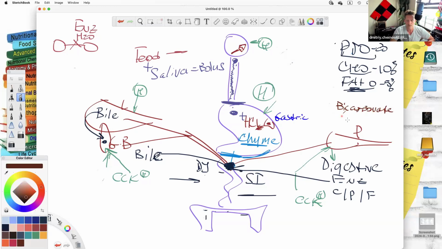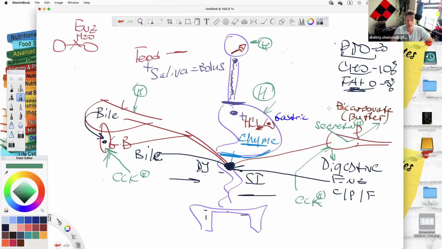Bicarbonate, street name buffer. Hormone secretin. And by the way, I have slides for every single thing that I'm doing right now. I will show you. So the secretin, which is the hormone, will act on the pancreas.